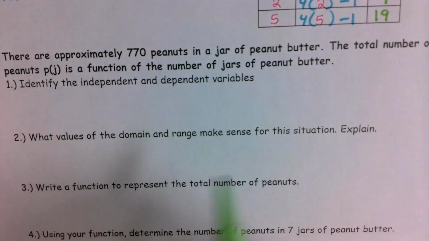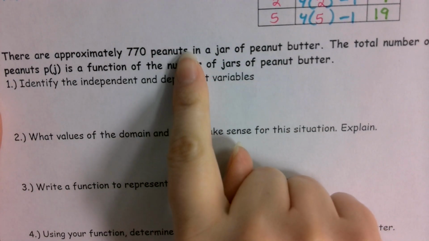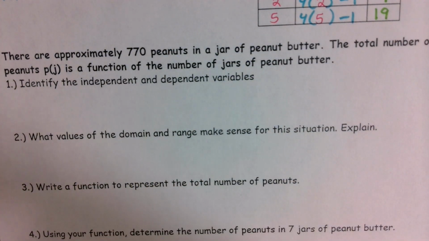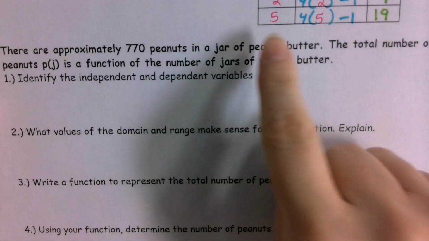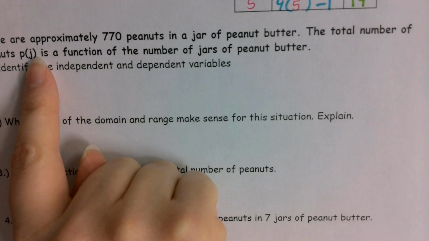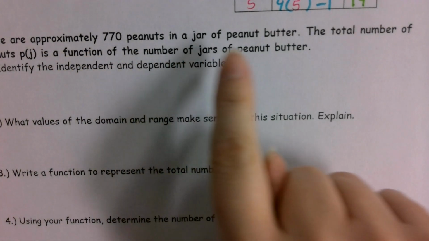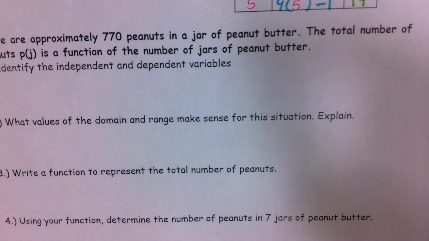So looking here at this, if we've got a word problem or a real-world situation, approximately 770 peanuts is used to create a jar of peanut butter, right? So the total number of peanuts, P of J, okay, that's a function, is a function of the number of jars of peanut butter.